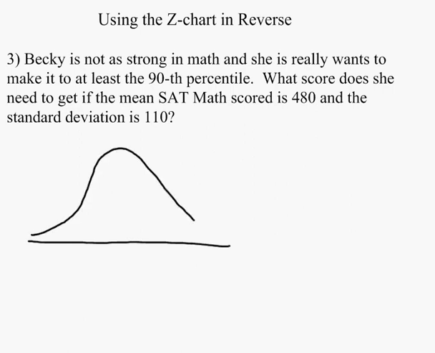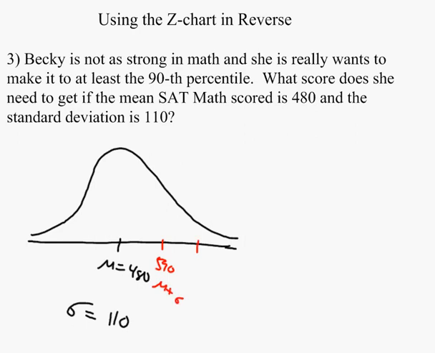Okay, so we know what the distribution looks like. We can draw a sketch of it. We could put mu equals 480 in the middle. We can say that the standard deviation is 110. And so we can start marking off some important numbers. Like, for example, we add 110 to this, we get to 590. So that's mu plus 1 sigma.